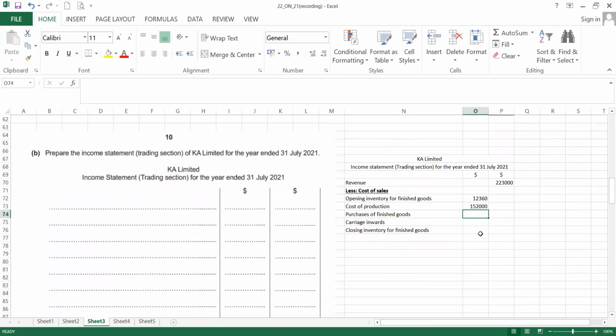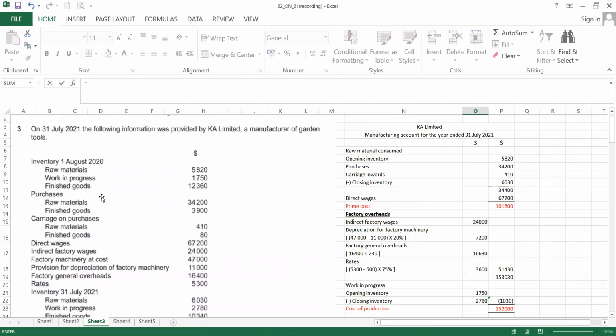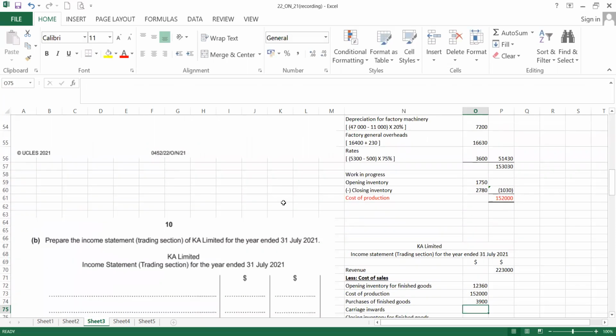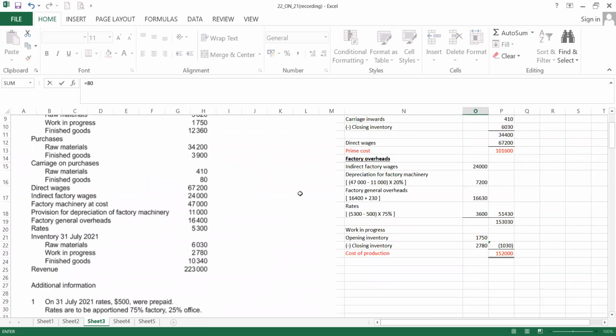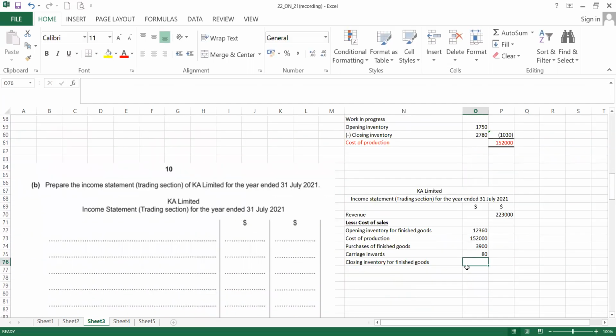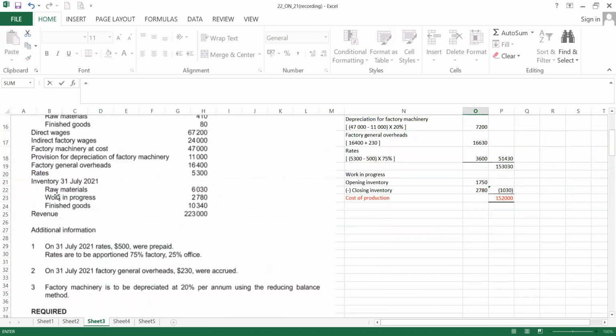And then cost of production, which is what we gather from here. Next is the purchase of the finished good, 3900. And then the carriage inward for the finished good purchase is 80. Closing inventory for finished good is 10,340.